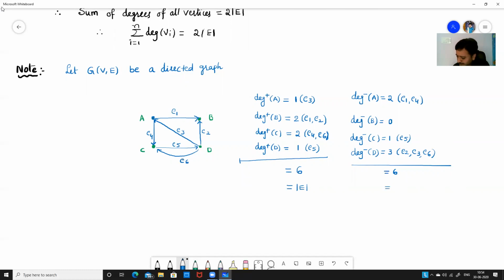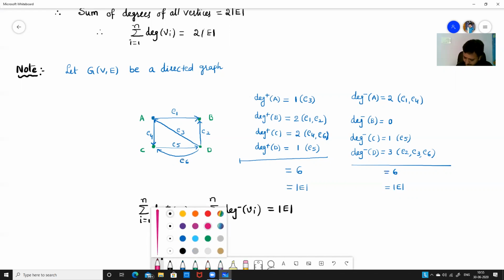So from this, we can conclude that the summation of in degree of all vertices, i from 1 to n, equals the summation of out degree of all vertices, which equals the total number of edges.